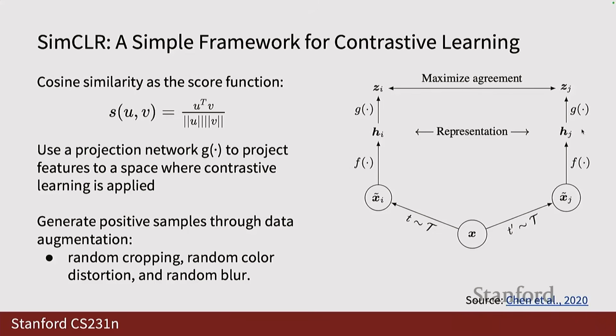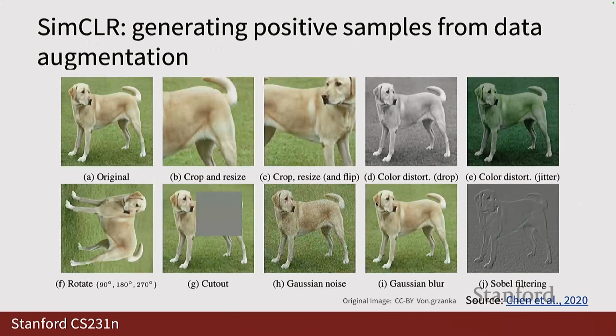It calculates the cosine similarity between the embeddings, the representations. But before doing that, it does a linear or nonlinear projection into a set of features, Z, and calculates the distance between those in this space. This is the way that they generate the positive samples.